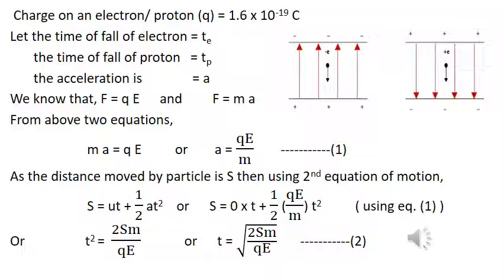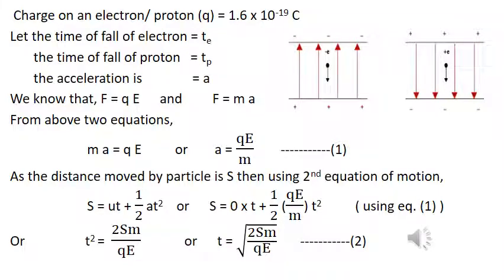From here we get the acceleration A is equal to QE by M. This equation shows that acceleration depends on the mass of the two particles, because the charges of the two particles are the same and the electric field is also constant, so it is only depending on the mass of the two particles and inversely proportional to it.